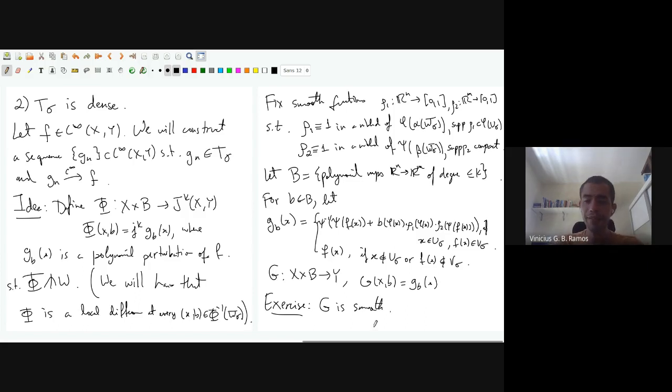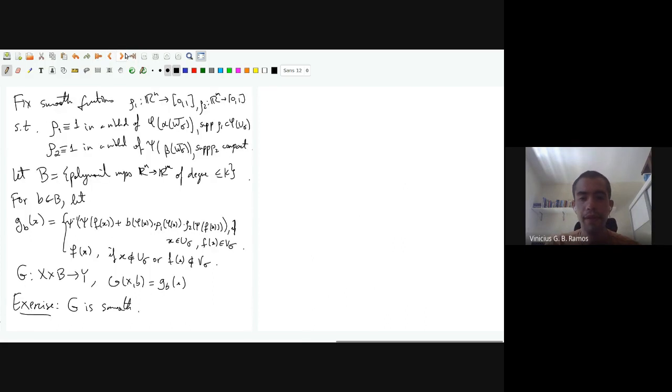And the nice thing about this, as we're going to see later, is that if we have a convergence in C^k here, that implies a convergence in C infinity, because I'm only changing the derivatives up to order k, because I'm putting polynomials of degree at most k, and that's going to be very important later.